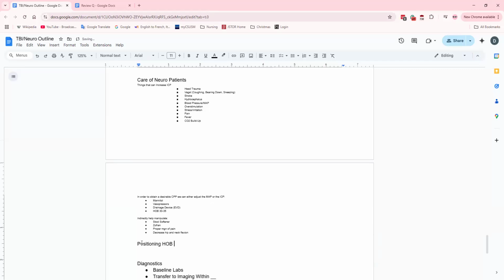Trying to keep it below 30 to 35. I think on the UWorld, I remember it being less than 30. Log roll, decrease swell. Basically, yeah. So a lot of it is, sorry, I'm still catching up to the chat. Avoid flexion, yeah. So a lot of positioning here. So we will do this. I know it's kind of confusing for now, but keep the head of the bed below 30.